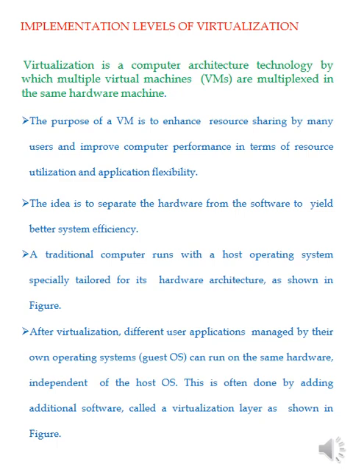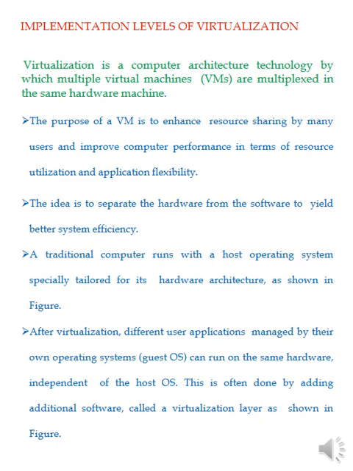The idea is to separate the hardware from the software to yield better system efficiency. A traditional computer that runs with a host operating system is for that particular hardware architecture alone. After virtualization, different user applications managed by their own OS, that is the guest OS, can run on the same hardware, independent of the host OS. The host OS will be different, the guest OS will be different.